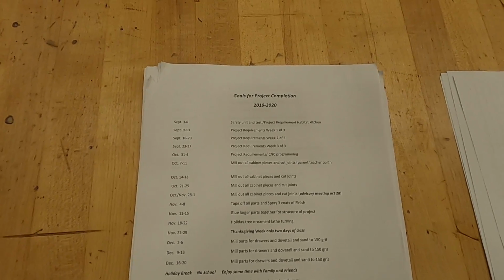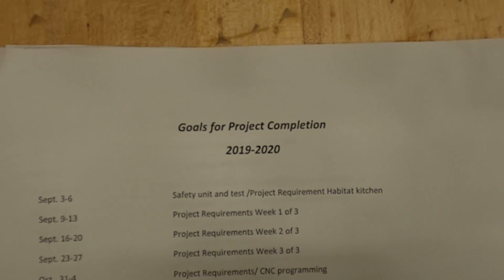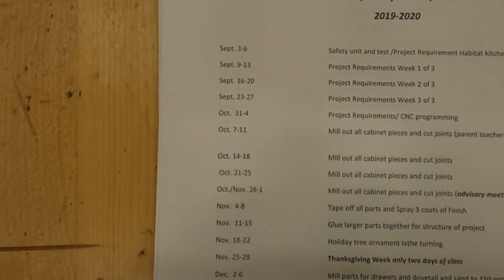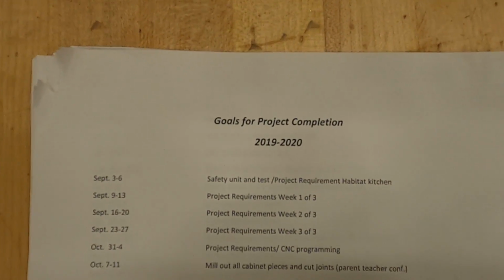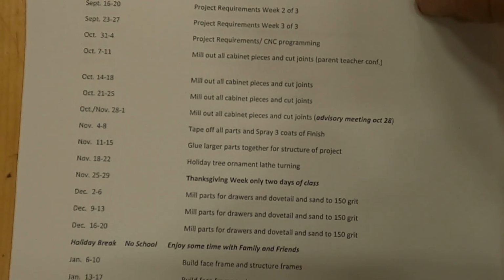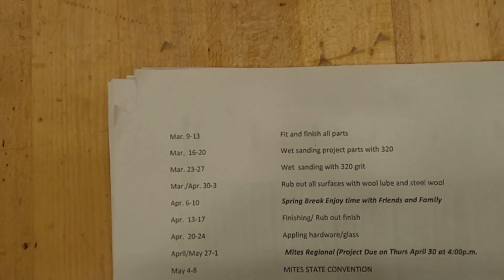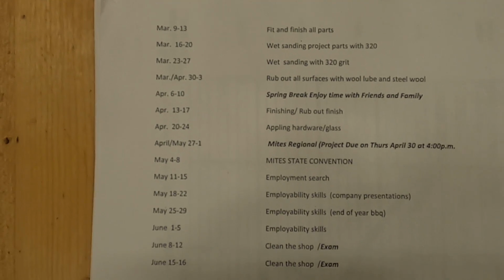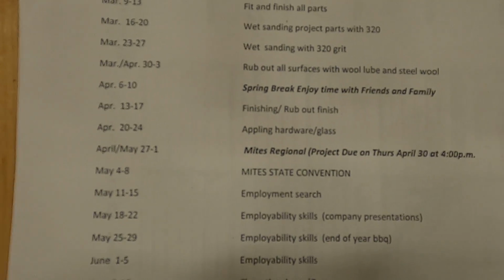Now, project goals to completion. He was a student clearly in 2019. 2020 was his senior year, and these are the dates of the school year, and here are the different objectives or weekly goals that he had put together that he provided the sponsor, so the sponsor knew exactly what his plan was, so that way he could get done within the school year and have it done and provided a finished project for our regional fair that we hold here in the state of Michigan, Southeast Michigan.